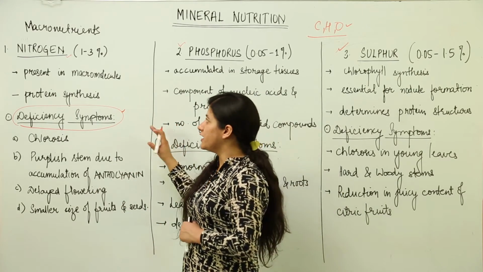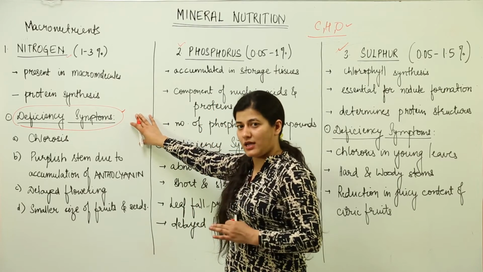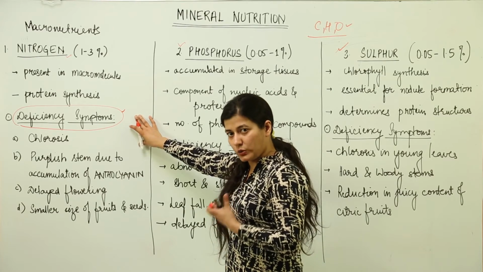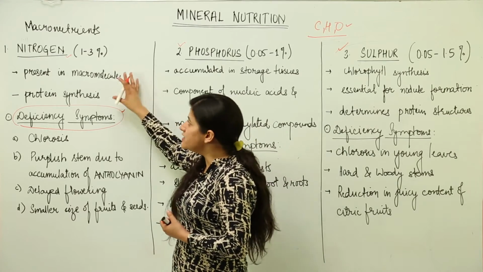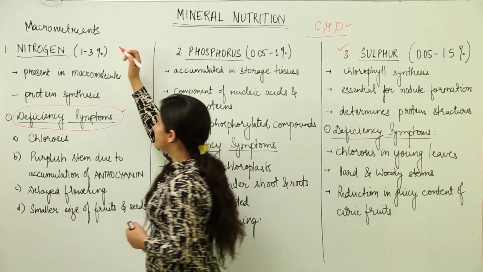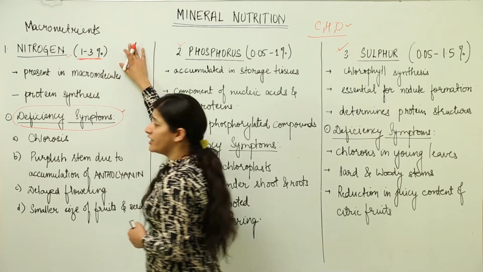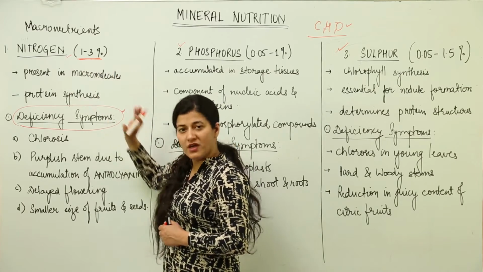In case of nitrogen, it is present in those areas where meristematic growth is taking place. That means the growing parts of the plant would have abundant nitrogen. Around 1 to 3% of the plant body comprises nitrogen.